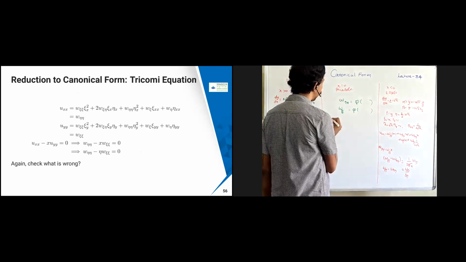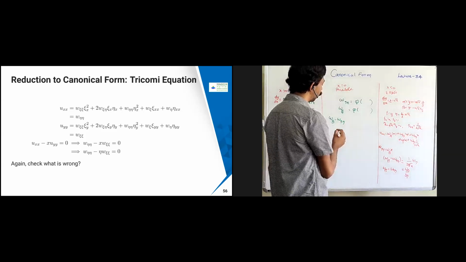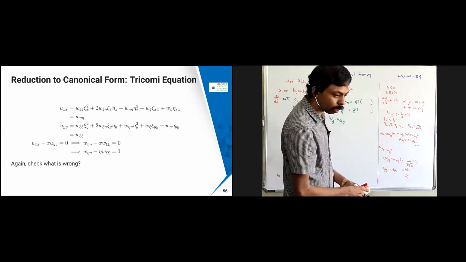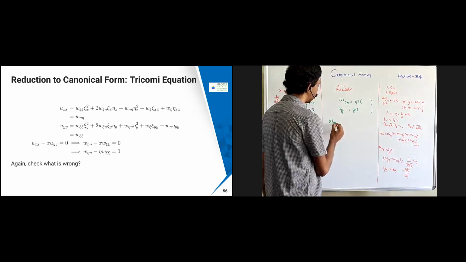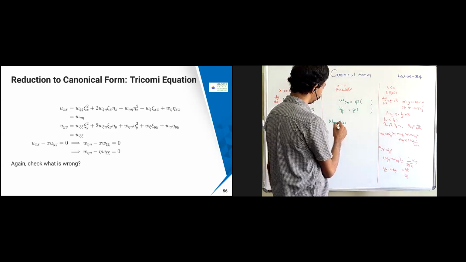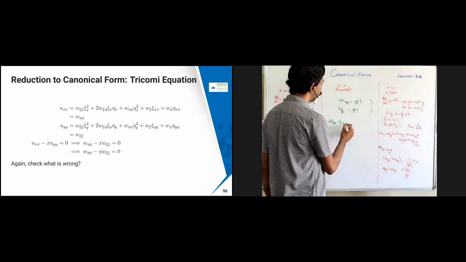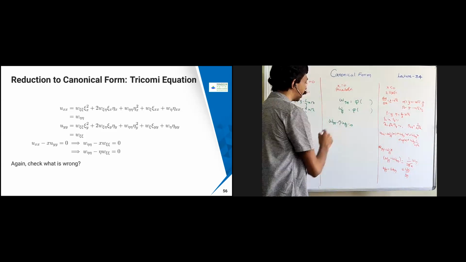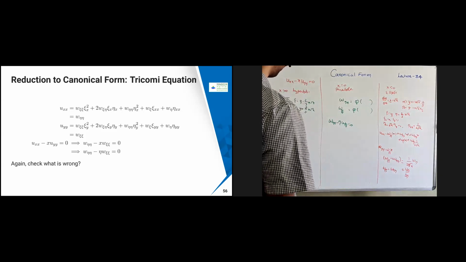But in this case, I got w_eta eta minus chi into w_eta, or eta into w_chi equal to 0. I told only these two forms are going to exist, but here I am getting a different form, right?